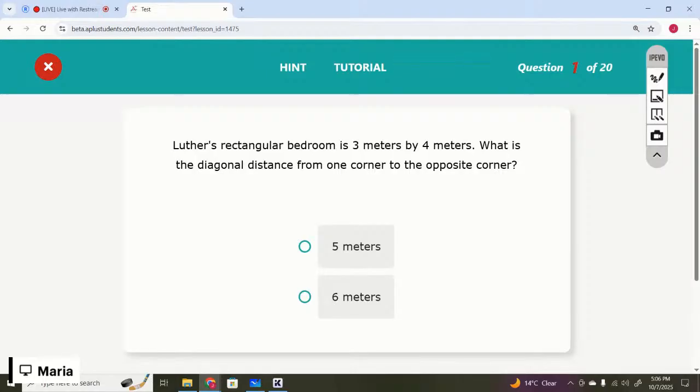Luther's rectangular bedroom is 3 meters by 4 meters. What is the diagonal distance from one corner to the opposite corner? That's the one we just did. So which is the correct option?